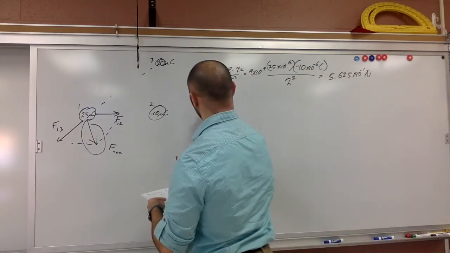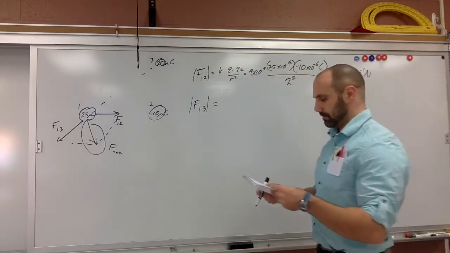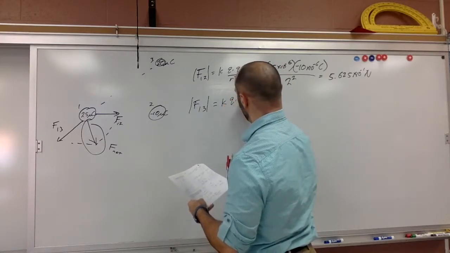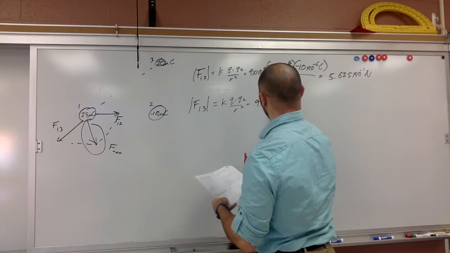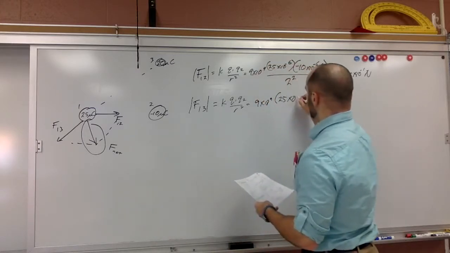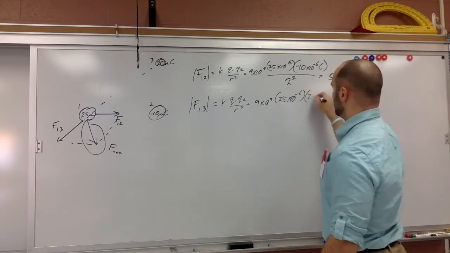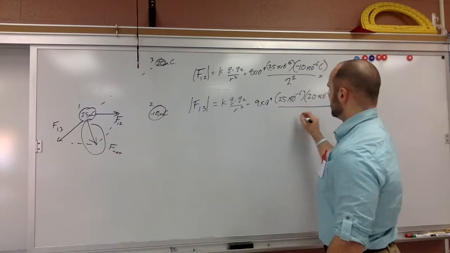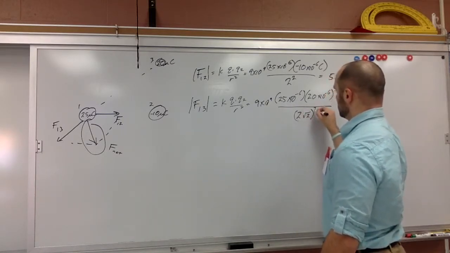The force of 1 on 3, magnitude, and put the direction there, is k Q1 Q2 over r squared. Again, 9 times 10 to the 9th, 25 times 10 to the negative 6 times 20 times 10 to the negative 6, and then the distance now is 2 root 2, squared.